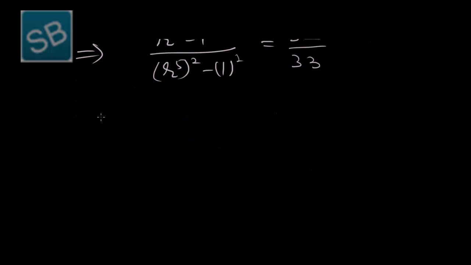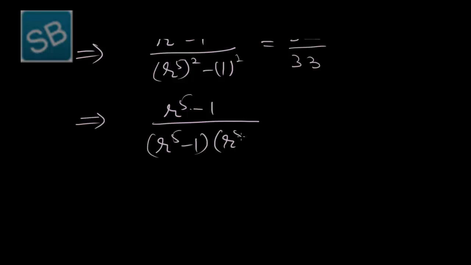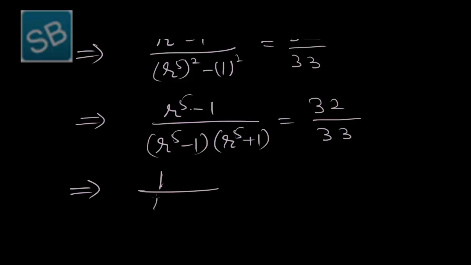That gives R raised to power 5 minus 1 over R raised to power 5 minus 1 into R raised to power 5 plus 1 is equal to 32 over 33. That gives 1 over R raised to power 5 plus 1 is equal to 32 over 33.